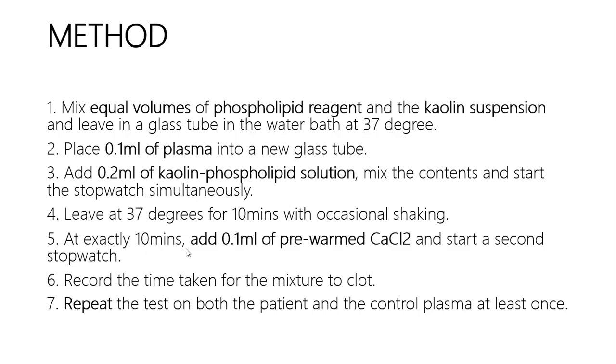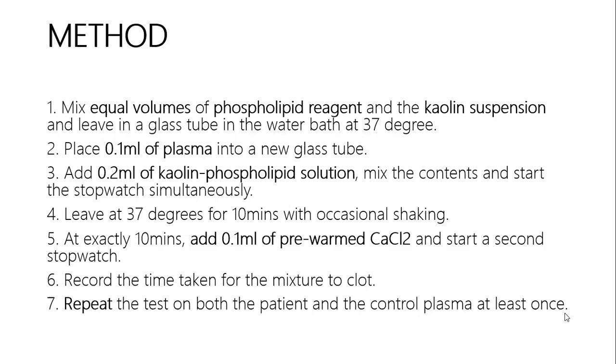At exactly 10 minutes, we add 0.1 ml of pre-warmed calcium chloride and start a second stopwatch. Then we record the time taken for the mixture to clot. Again, like in PT, what we're looking for in APTT is the formation of clot. Then we repeat the test on both the patient and the control plasma at least once.